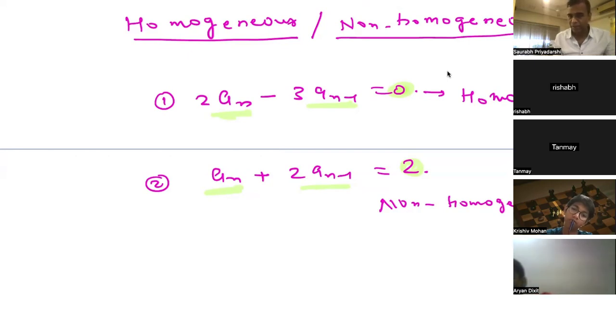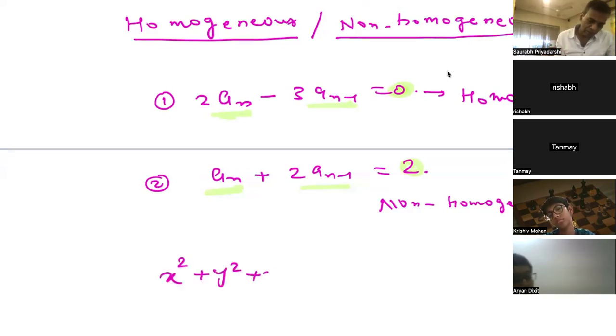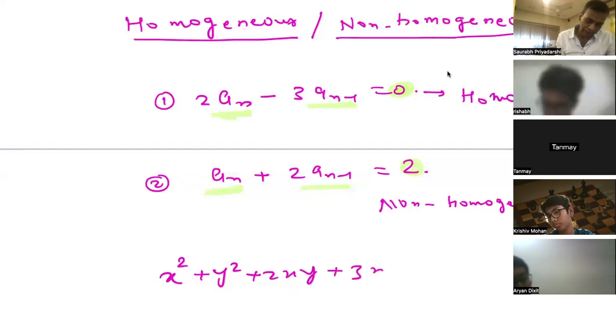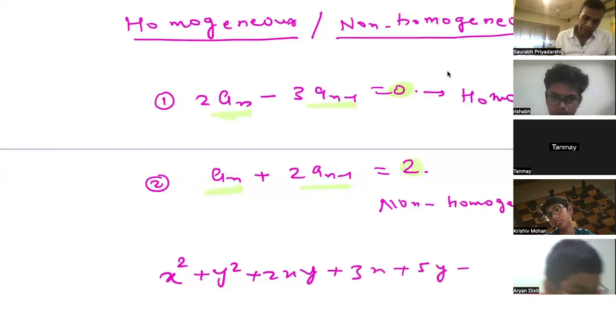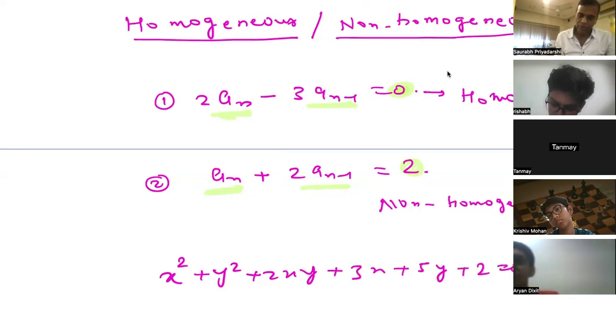Everyone is understanding this? Like in coordinate form, if I'm writing x square plus y square plus 2xy plus 3x plus 5y plus 2 is equal to 0, is this homogeneous or not homogeneous? Not homogeneous, because the terms have different degrees of power.